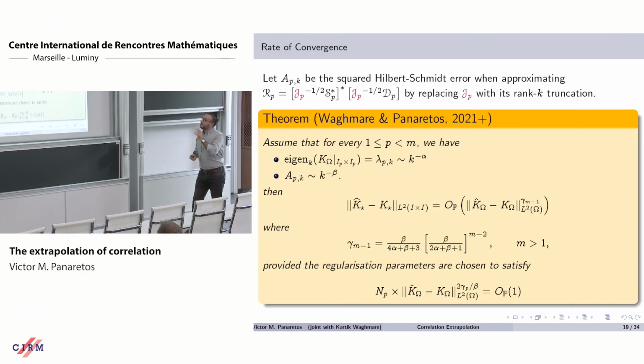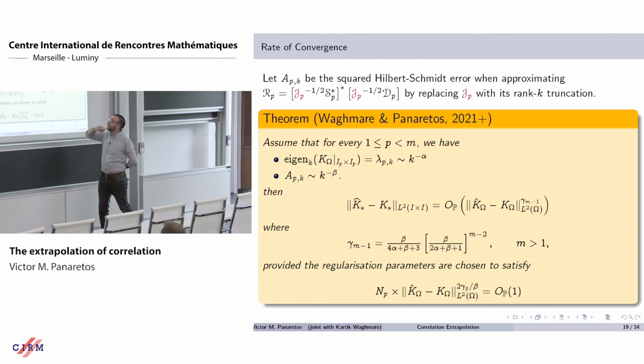So what happens if you do this? Well, assuming that the spectral decay of the covariance, the partial covariance restricted on the subsquares, is a sort of power decay, a standard assumption in functional inverse problems, and indeed that this R_P can be approximated in some power type level of approximation regulated by an exponent beta.